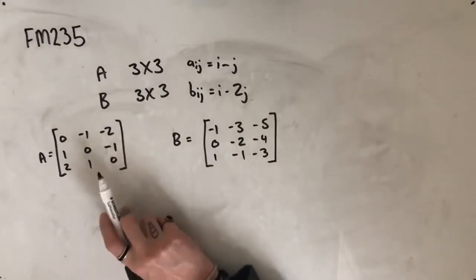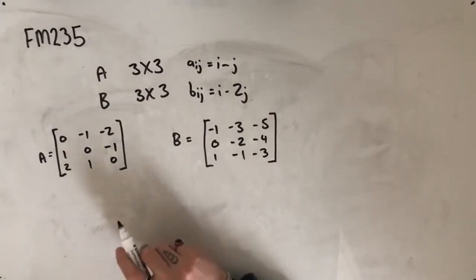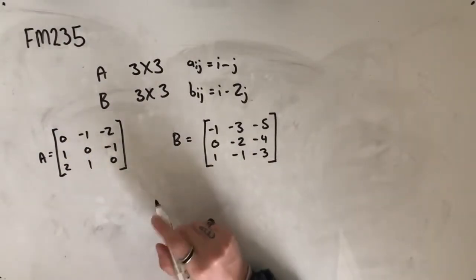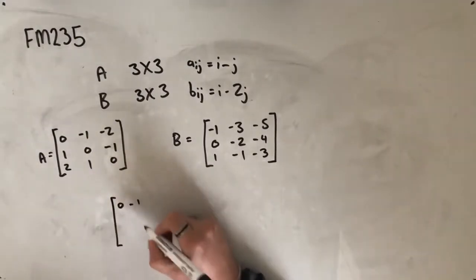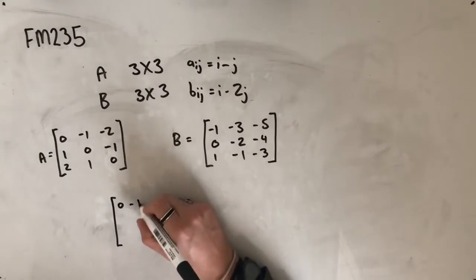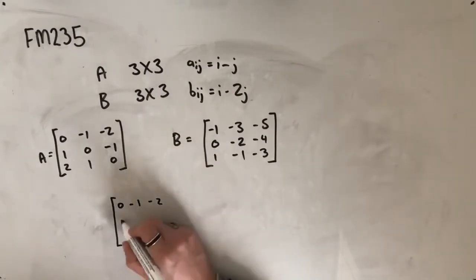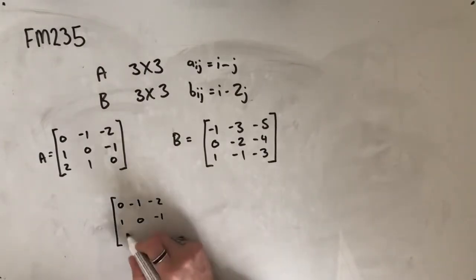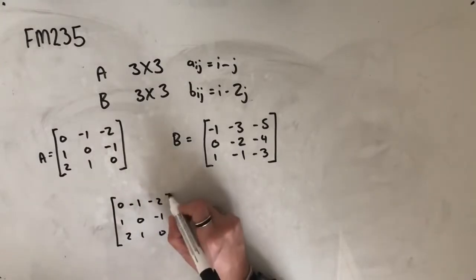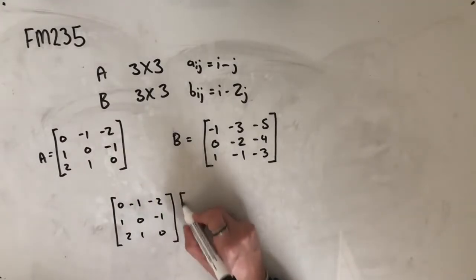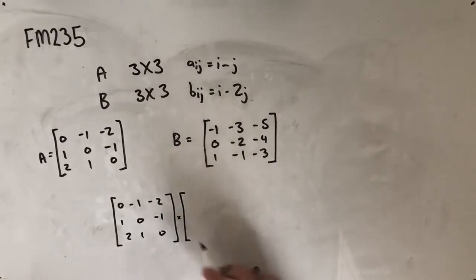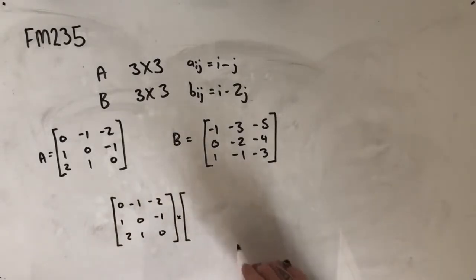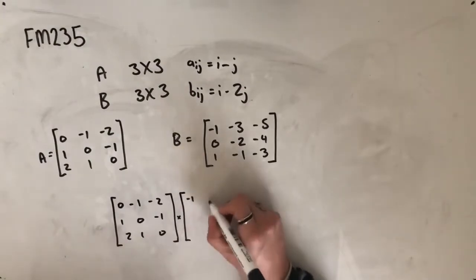So now we have matrices A and B. We need to find out what the product of A and B is. Now the word product means that they want us to multiply these two matrices by one another. So if we whack these into our calculator, of course there's a little times in there, but if you whack them into your calculator just next to one another, the calculator will assume that you want to multiply them.